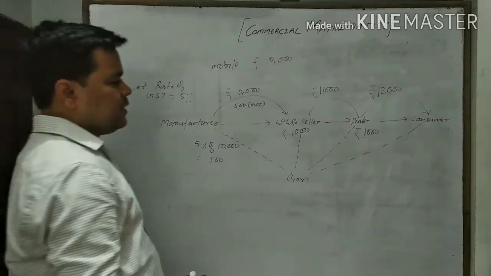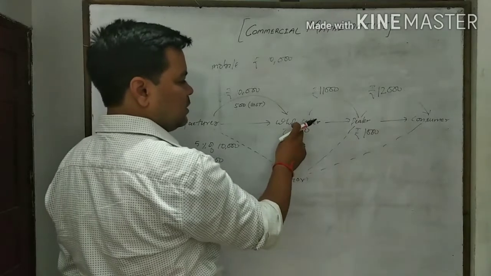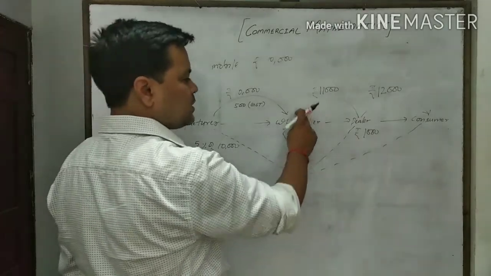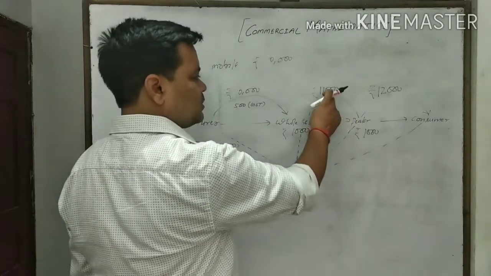Again, the wholesaler takes a profit of 1,000 rupees and sells to the dealer at 11,000 rupees.